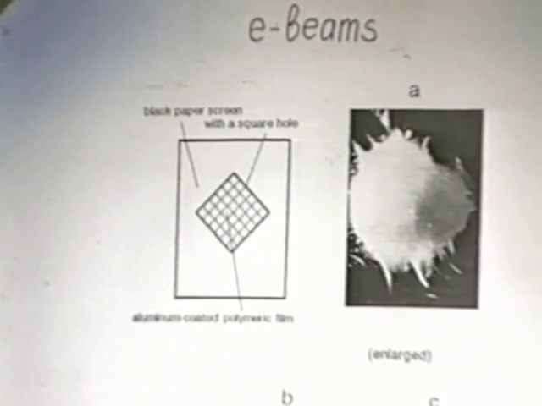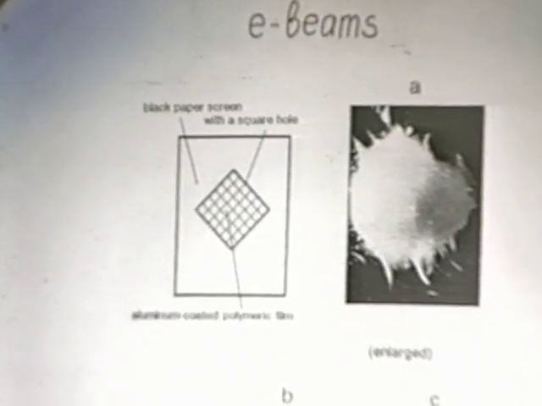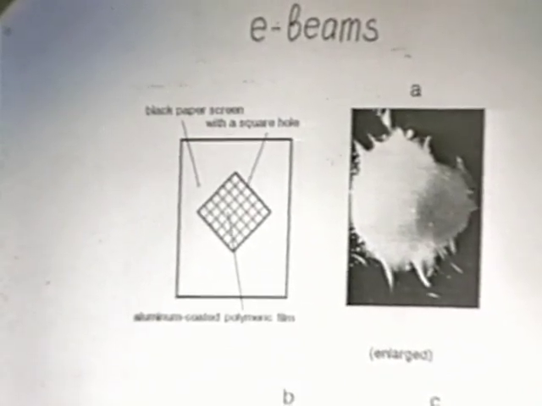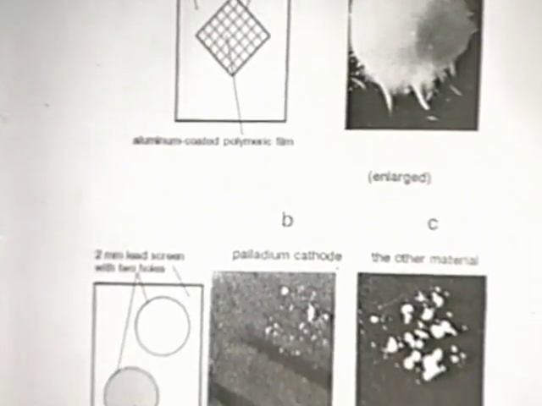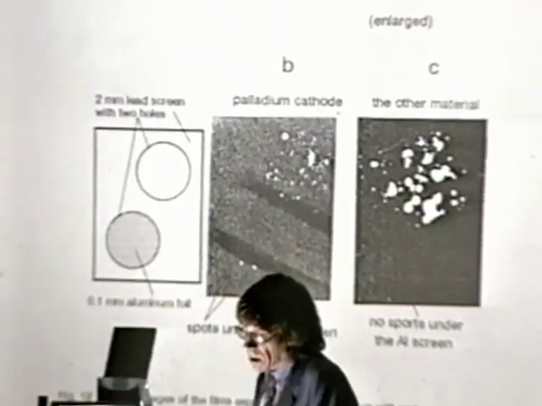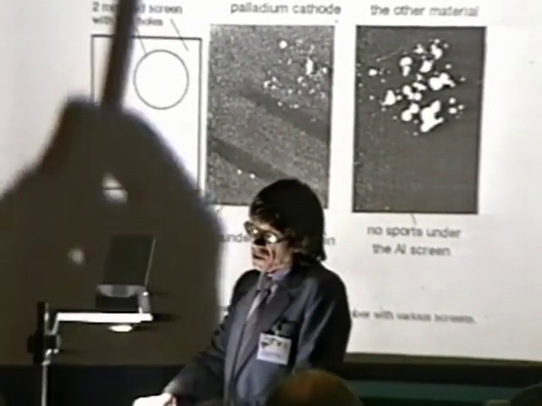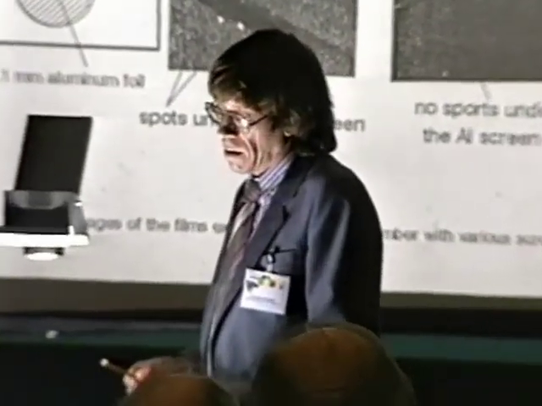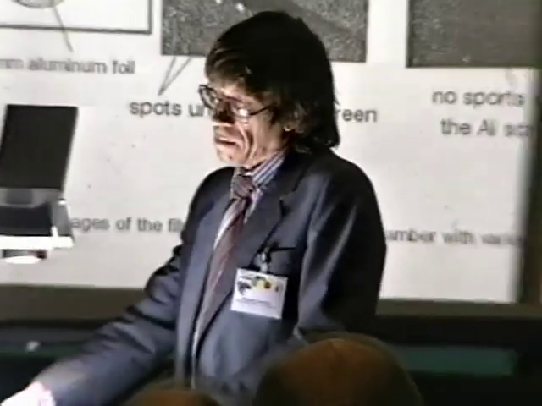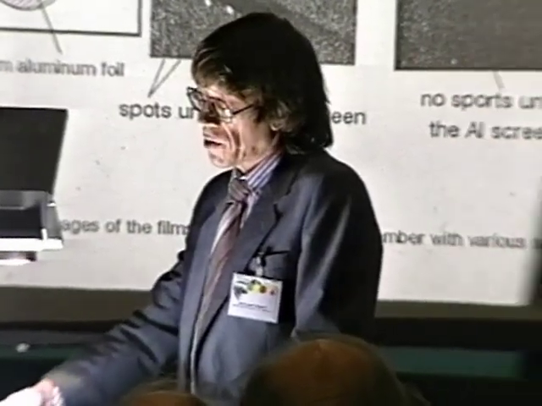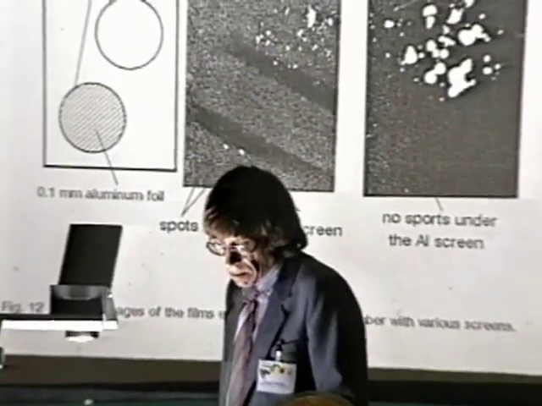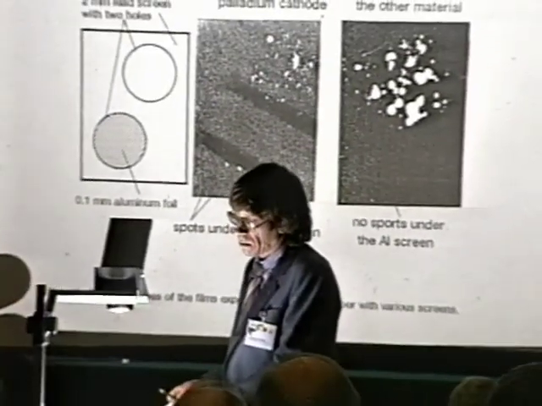For the palladium cathode, this moderator partially allows the radiation to go through, while for the aluminum cathode it was completely absorbed. So we believe that this is the result of electron beams, because exposition was registered only when a lead plate was behind the film.